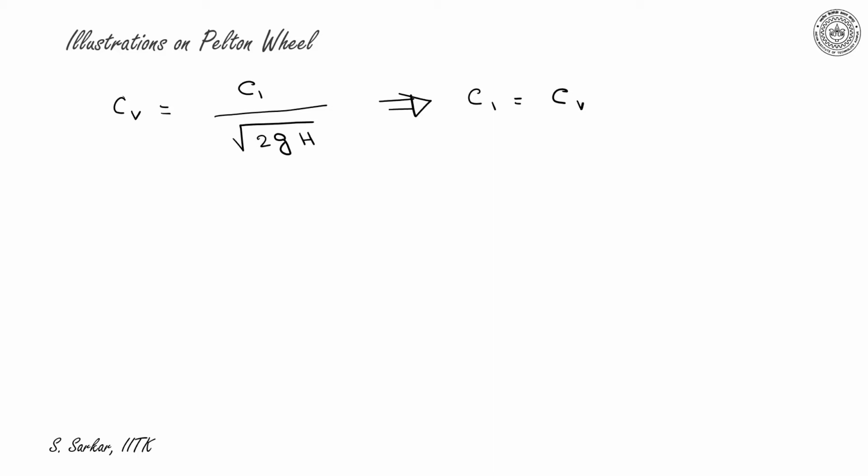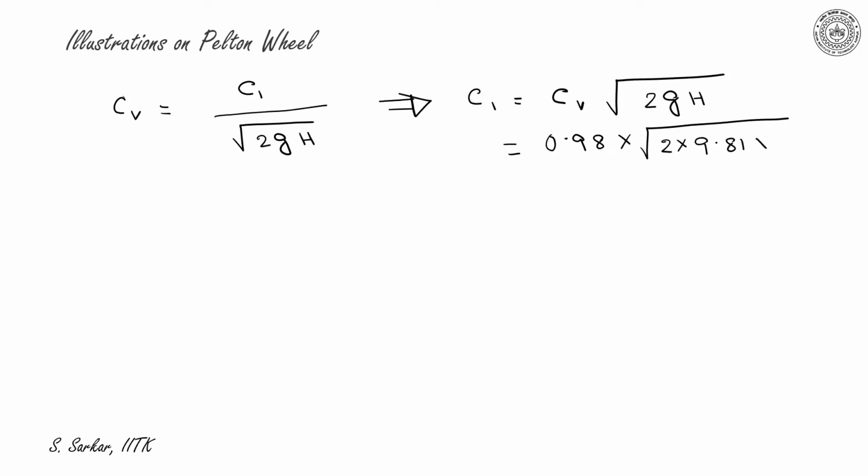C1 is nothing but CV into root over twice g H. We know all the values. CV is given as 0.98 into root over 2 into 9.81, and H is given as 91.5. If you do the calculation, you will get C1 as 41.52 meter per second.